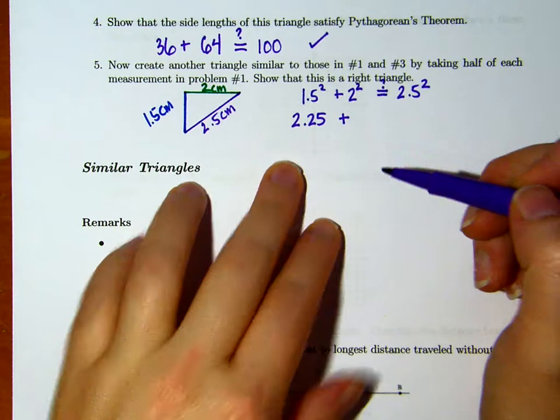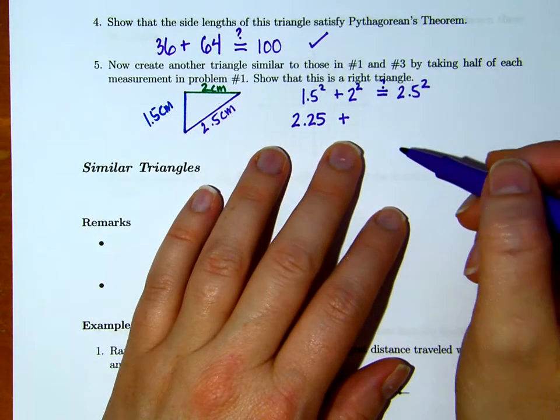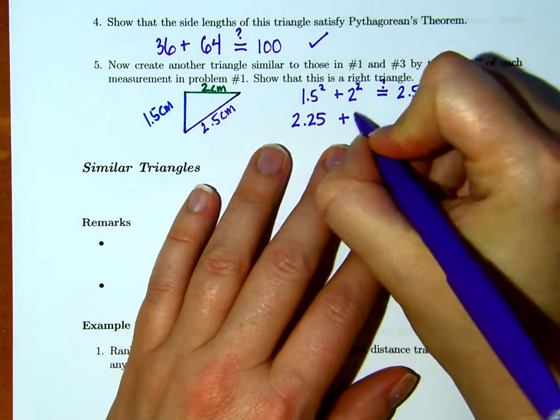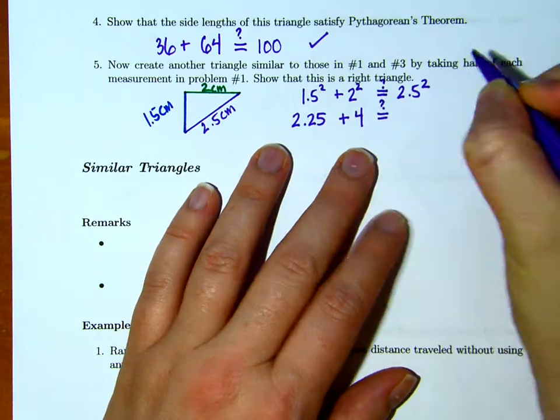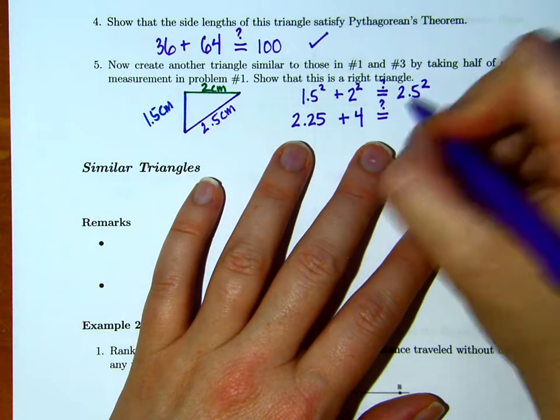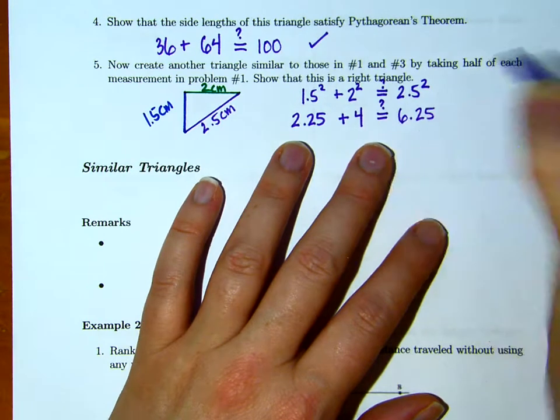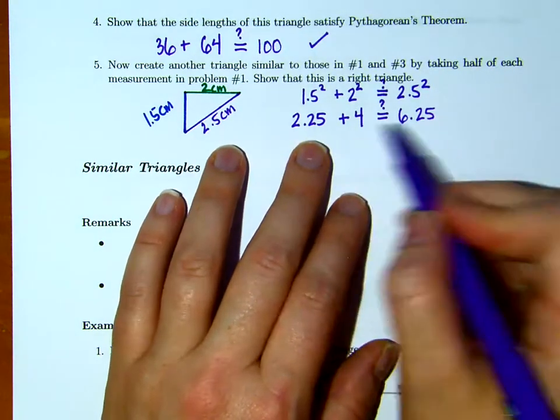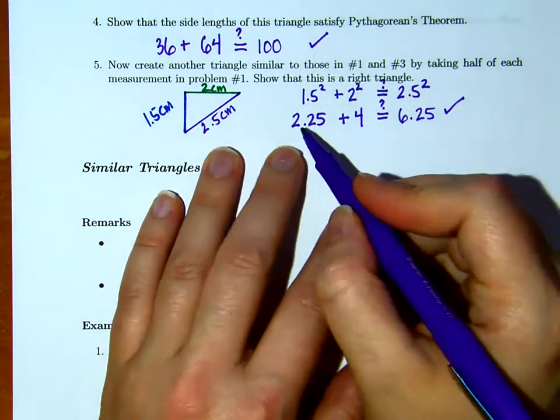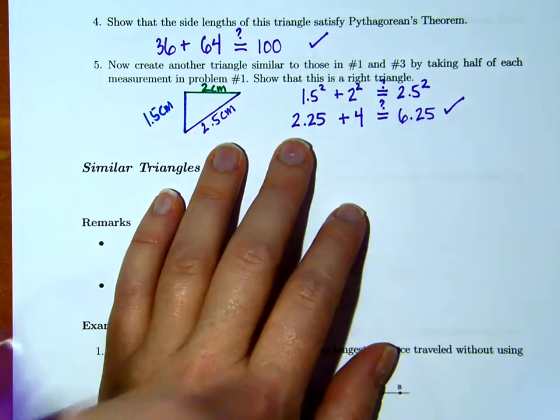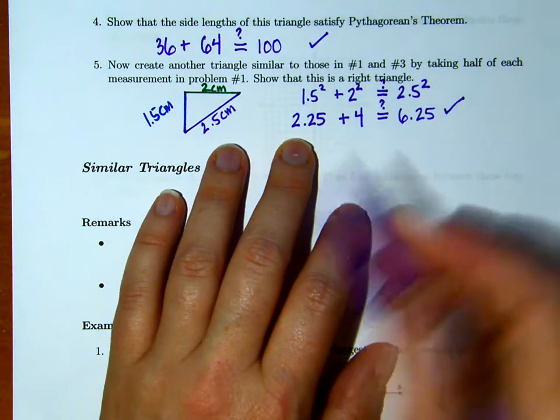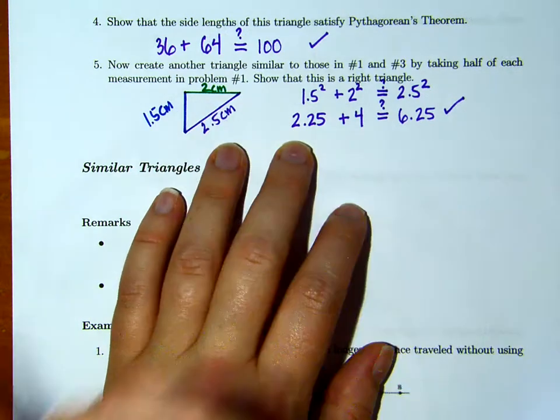This upward pointing arrow means create an exponent. 2 squared is 4. And does that equal, I just squared 2.5 in the calculator and I got 6.25. Yes, it is. 2 1/4 plus 4 is 6 1/4. Yep. Looks like money, but it's not. Centimeters.